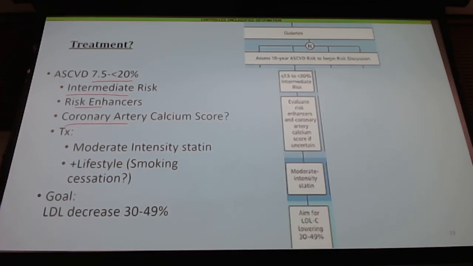And I'm going to take that information and the recommendation, if there is evidence of risk factors or there is evidence of coronary artery calcium, then let's put them on a moderate intensity statin, and because we're putting them on a moderate intensity, let's aim for lowering their LDL by 30 to 49%.